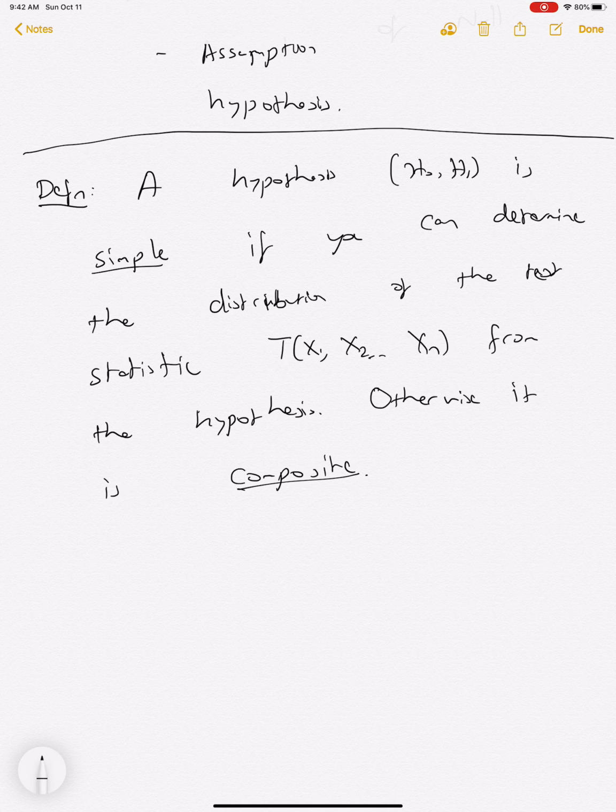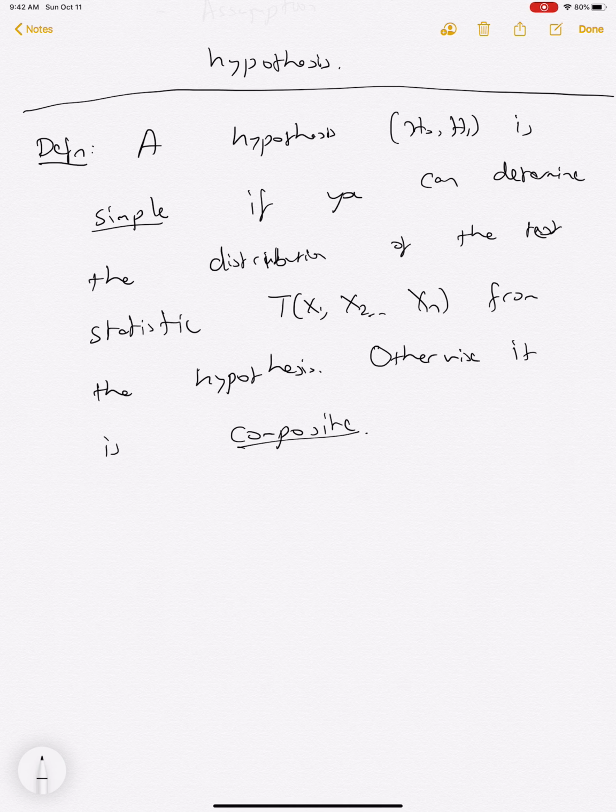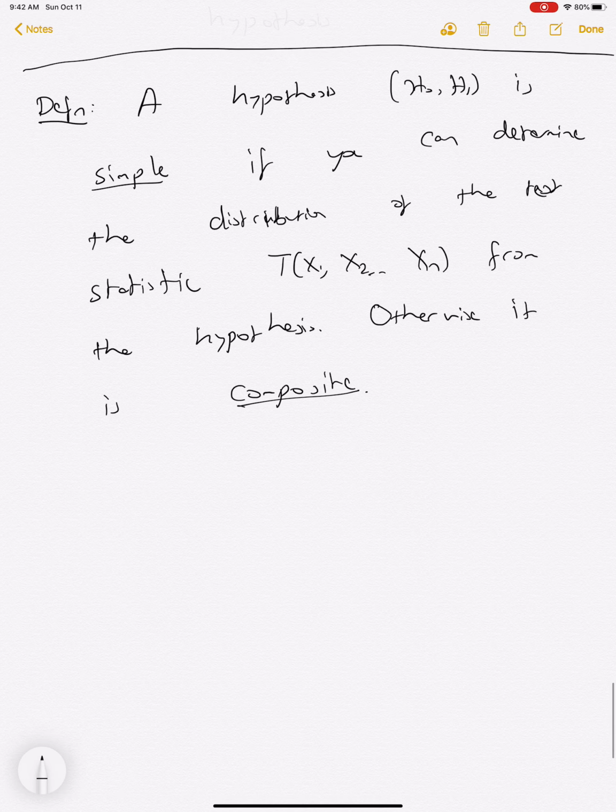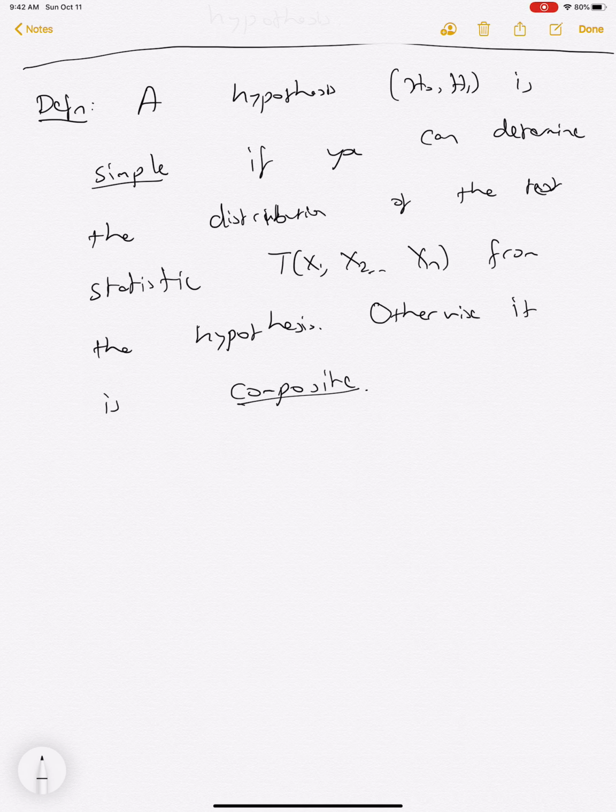This definition sounds a little bit obscure, but all it's really saying is: if you're given the null hypothesis, can you determine the distribution of your test statistic? If we see some examples, this will hopefully be pretty clear.